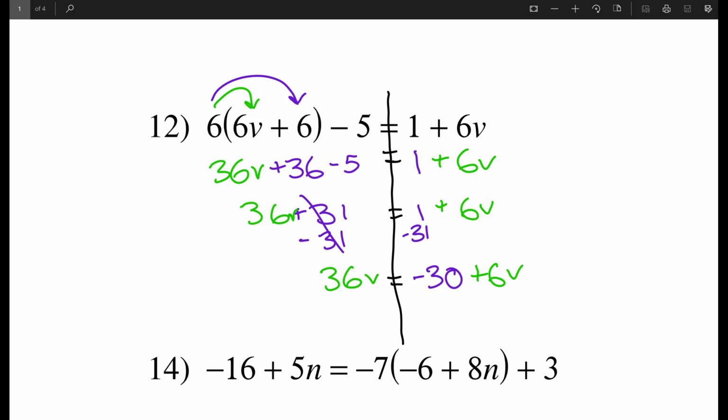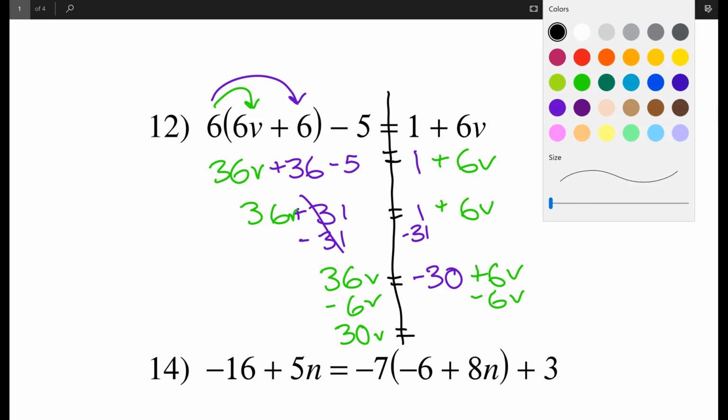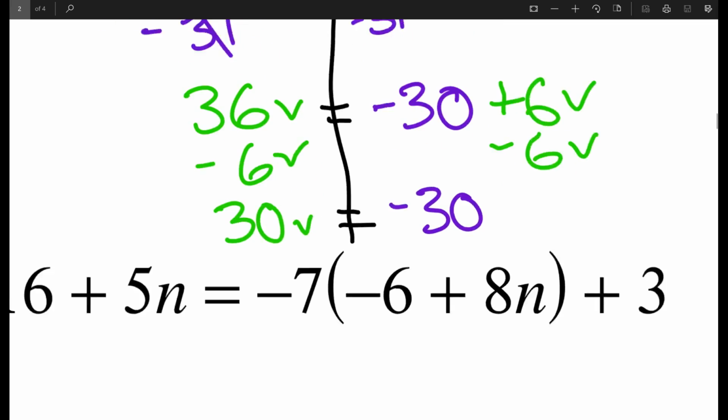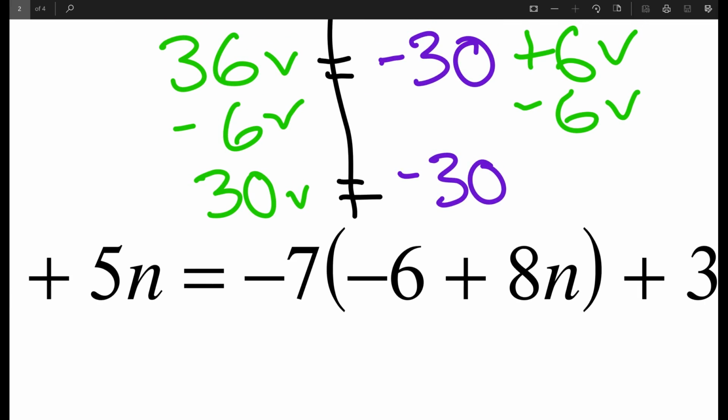Now from here, I want to get my 6v, this green, over to this side. Hopefully you see that that leaves me with 30v equals negative 30. And just as we did before, let me zoom in so I can actually write this. Just as we did before, now that we're at this step, we're going to stop treating this 30 as a green. We're going to start treating it as a purple.